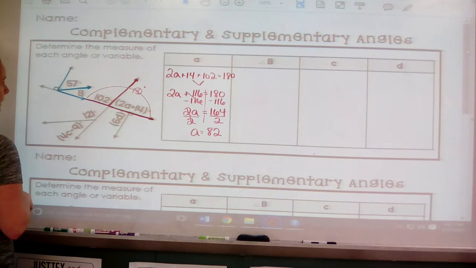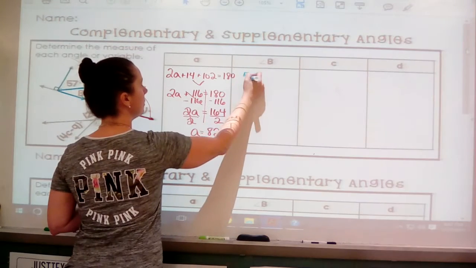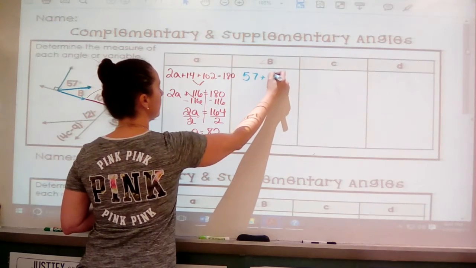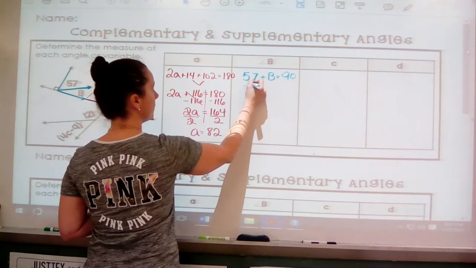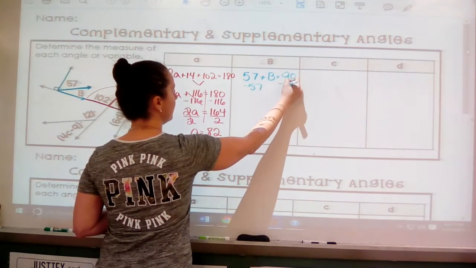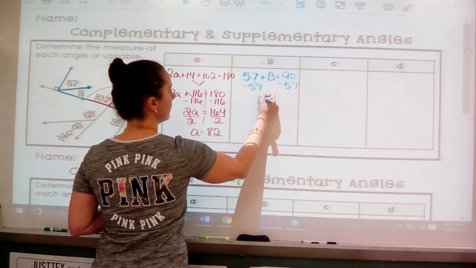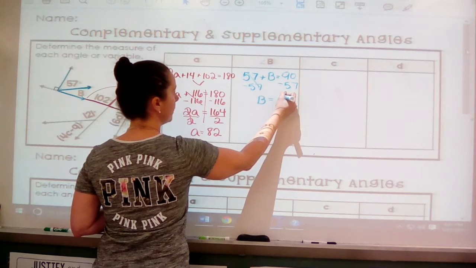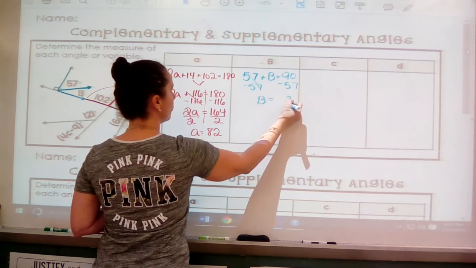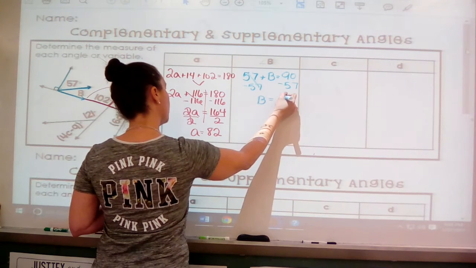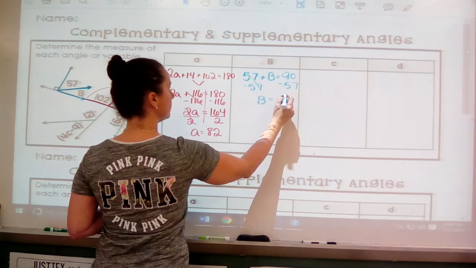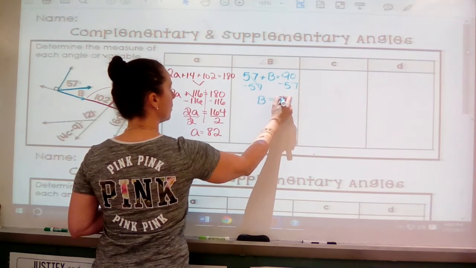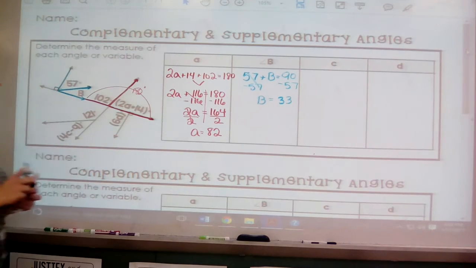They must add up to 90 degrees. So 57 plus my B will be equal to 90. When I solve the equation, I get a total of 33.